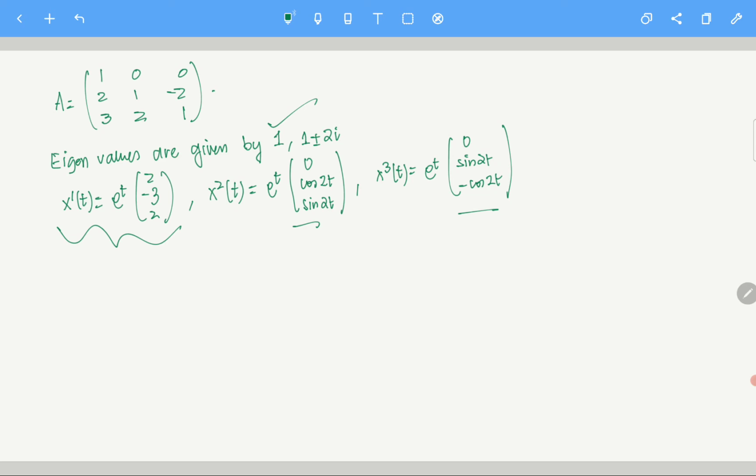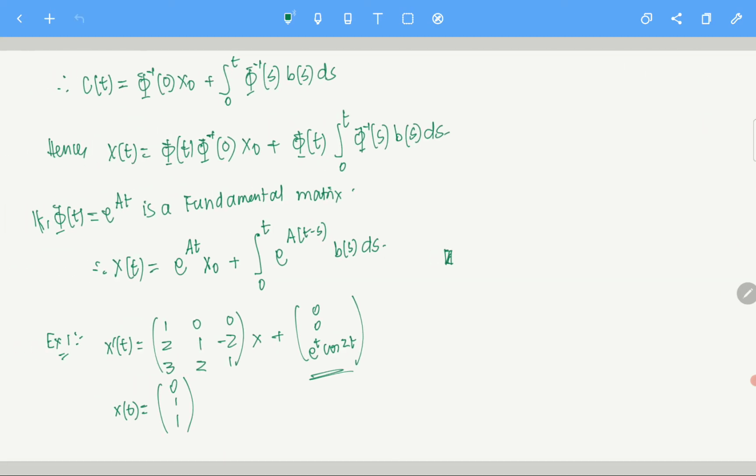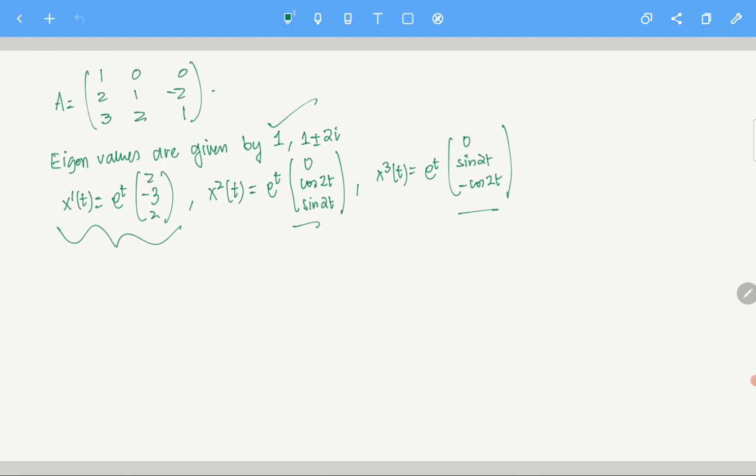Correct. Now I have all of this. Now I need to find the solution for this problem. So let's just call this problem 3. I need to find the solution of 3. My b of t is given by e power t cosine 2t. So how do I find it? First thing first, what is the fundamental matrix phi of t?